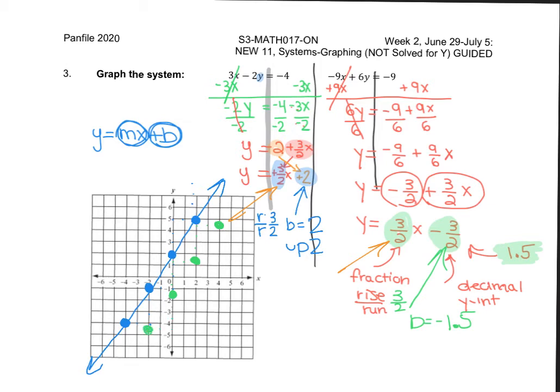What do you notice when your slopes are the same? What's going to be true of your lines? Will they ever intersect? The answer is no. So you will never have that point of intersection. When your slopes are the same, you will actually have a situation where you have no solution.